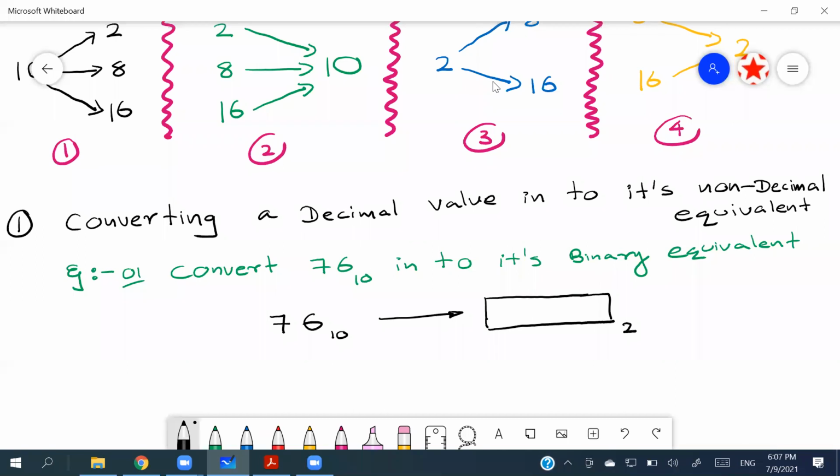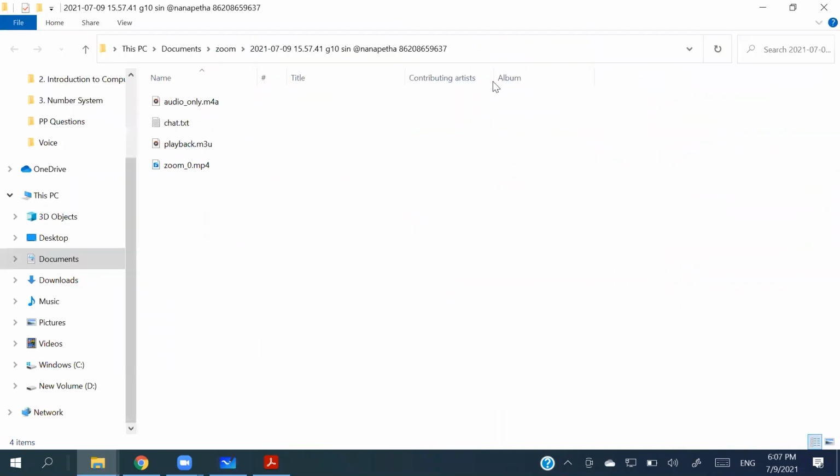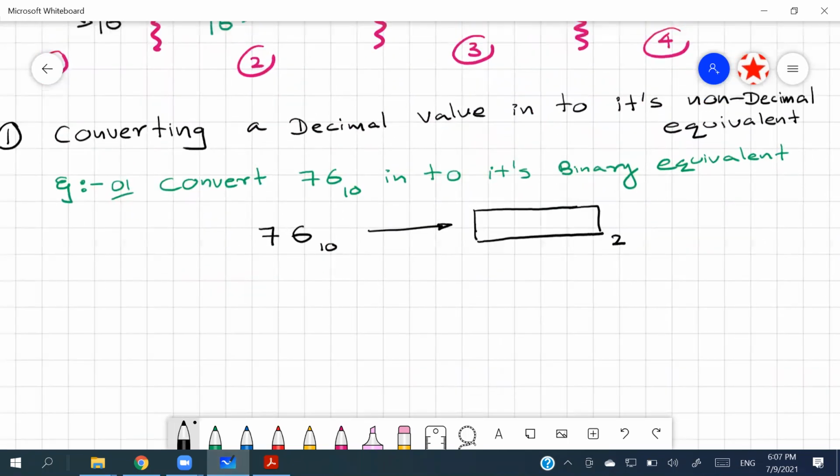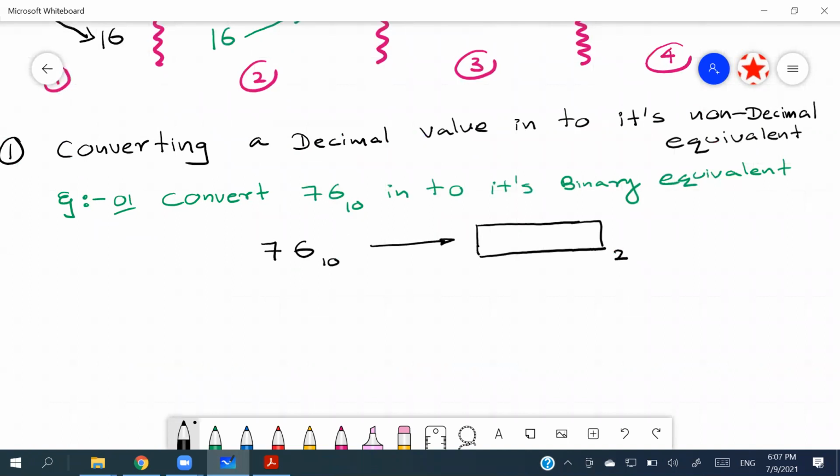So how are we going to do this? Now the technique is, if you are asked to convert a decimal value into a non-decimal value, first of all, you have to realize what kind of conversion is given to you. Here you are given a decimal value to be converted into a non-decimal value.